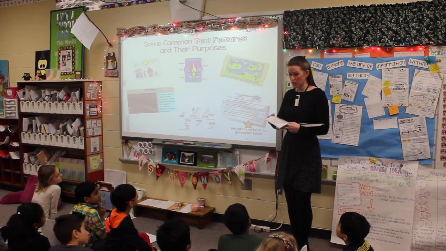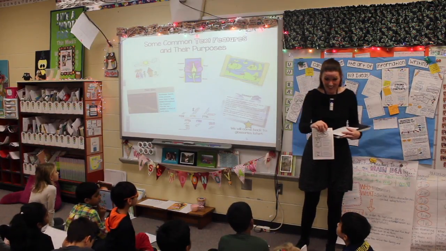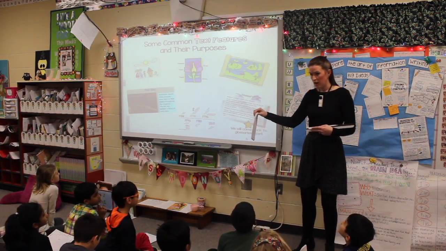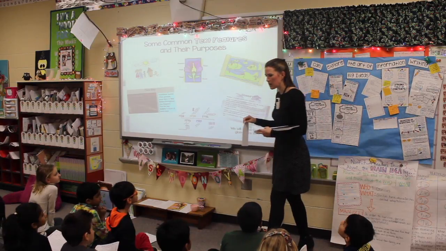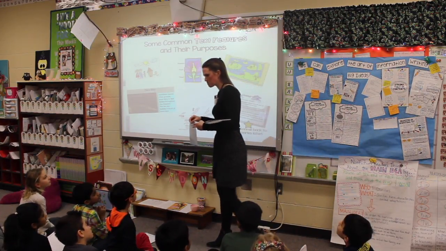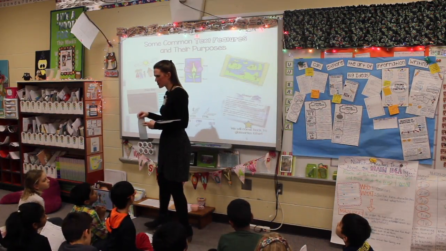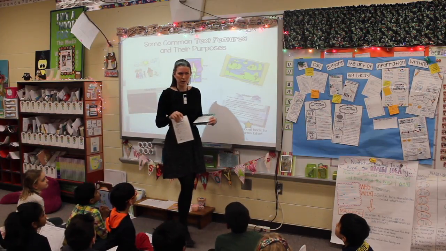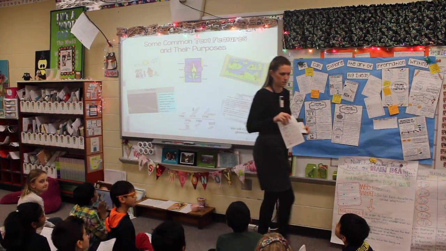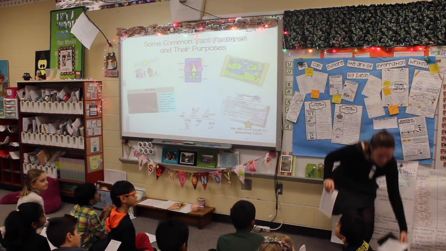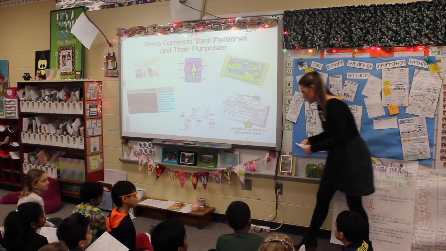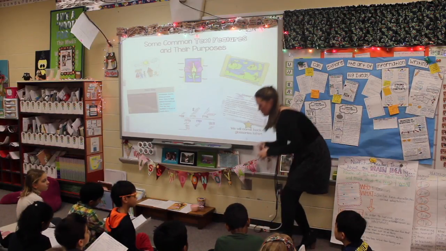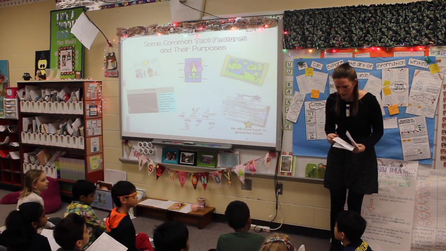What I want you to do is look at these charts, the text features and their purposes, and I want you to sit for just a minute and think on your own, looking at that chapter of yours, which text feature would be the best for my reader, and why is that? Okay, think on your own for just a minute here. I'm going to pass these out. Look at your writing.